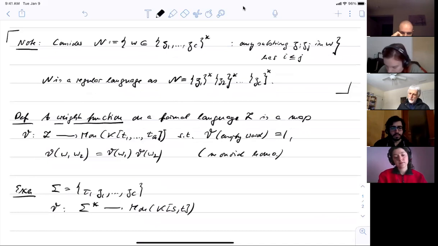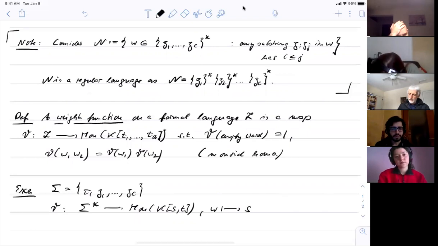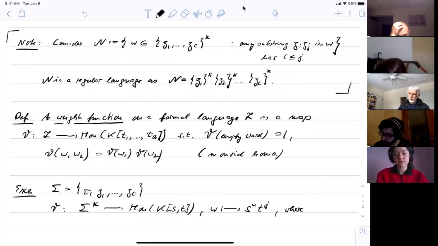where we map a word W onto, well, it's a monomial in two variables, S to the n times T to the power j. And now I have to say what is n and what is j.